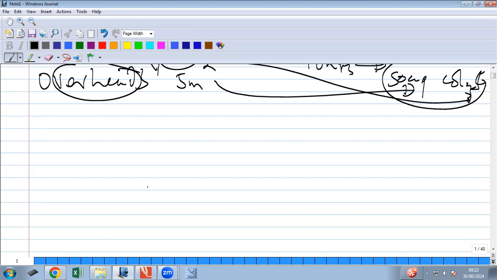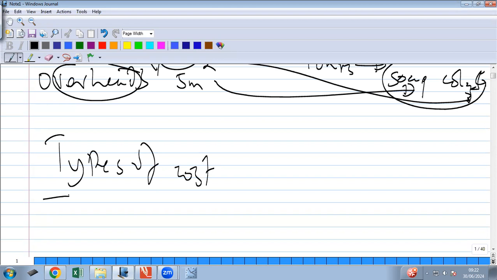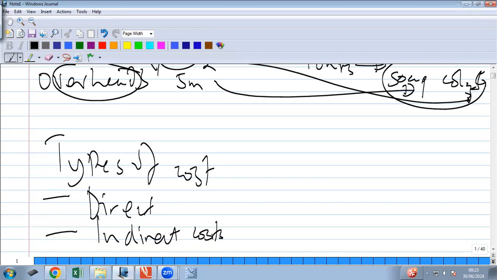That is the costing. We have 2 main types of costs. One, we have direct costs and indirect costs. And these indirect costs are what we are calling the overheads.